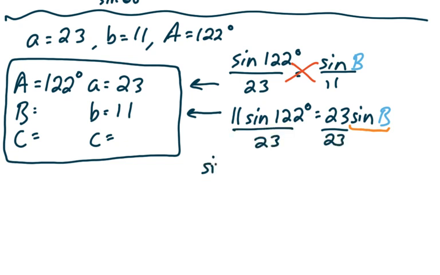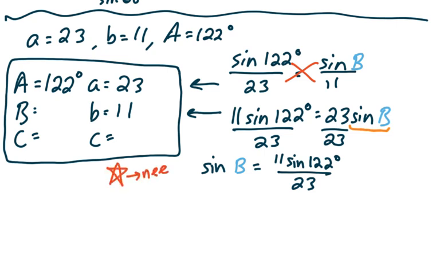And I get sine of angle B equals 11 sine of 122 over 23. Notice I haven't put anything in the calculator yet because I'm worried about rounding too early. Now, big star over here. Remember, whenever we're solving for an angle, we always use the inverse button. And here, because we're trying to get rid of sine, we're going to use the inverse sine.